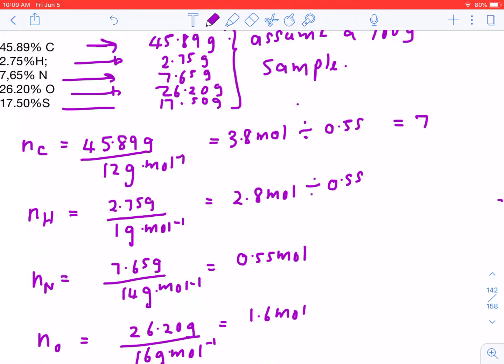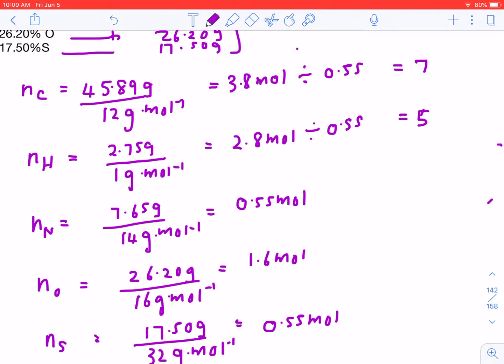And if we take this and divide by 0.55, that gives us 5. Okay, and this one, if we divide by 0.55, I've rounded some of these off.